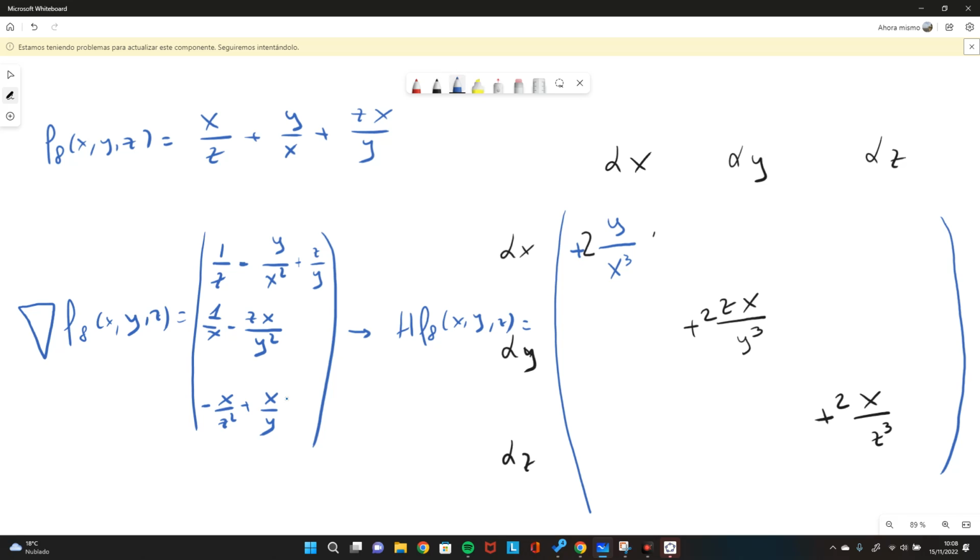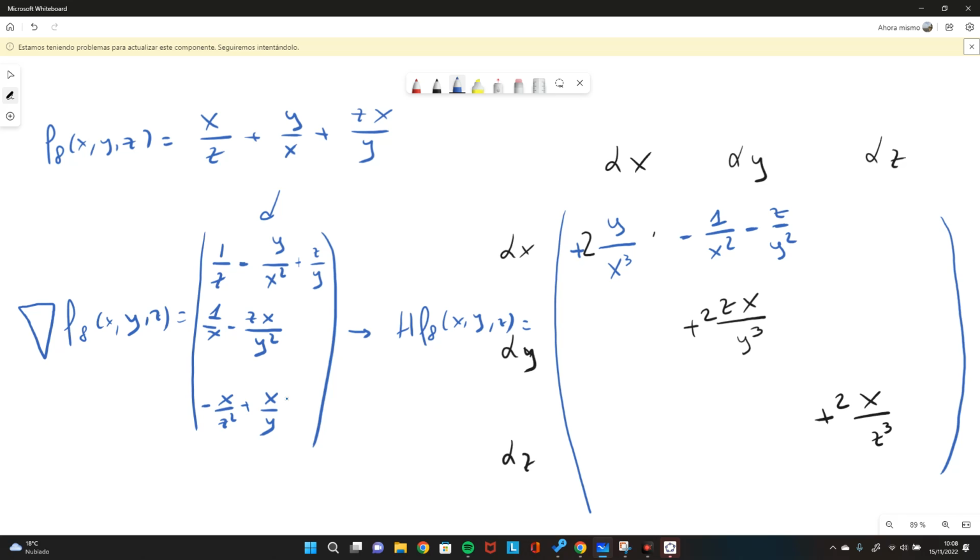For example, second one, in respect to first one, sorry, with respect to y, for example, okay? With respect to y, we have minus 1 divided by x squared, and then minus z divided by y squared. Okay, just easy like that. What about here, for example?